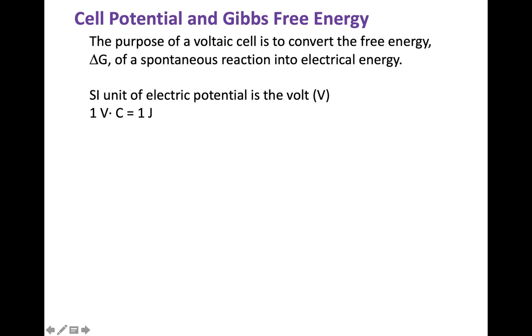So 1 volt times coulomb equals a joule. Or we could think of that as 1 volt equals 1 joule per coulomb.